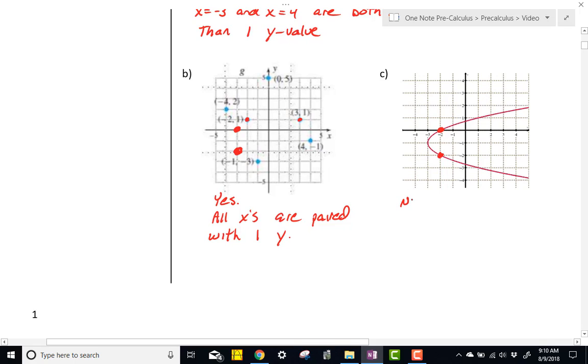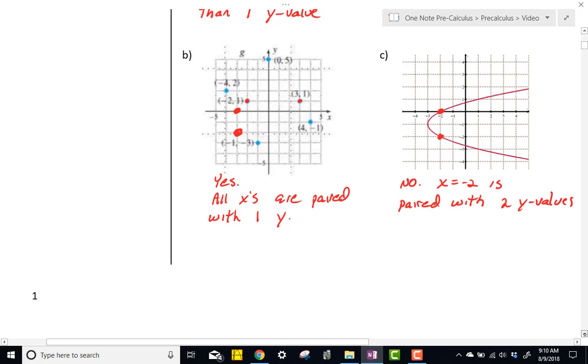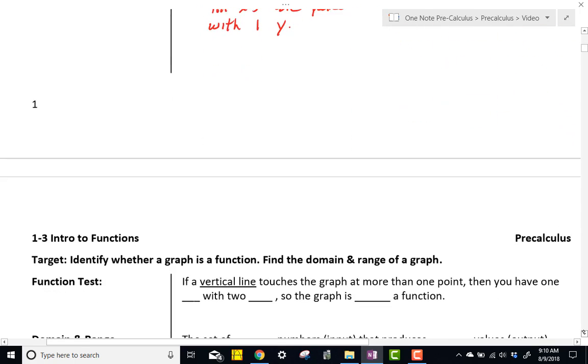This is not a function, so this would be no, and I would say x equals -2 is paired with two y values. All right, and you could actually give those y values, or you could just say it's paired with two y values. It doesn't really matter there. All right, so let's take a look at the next one.